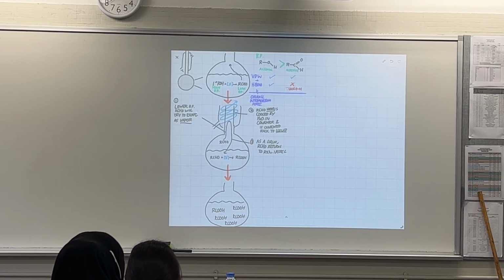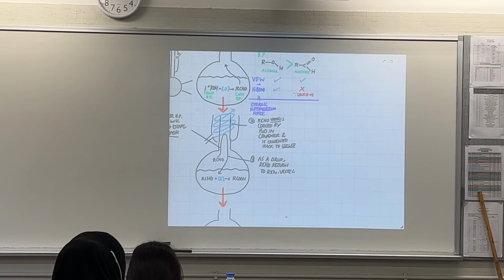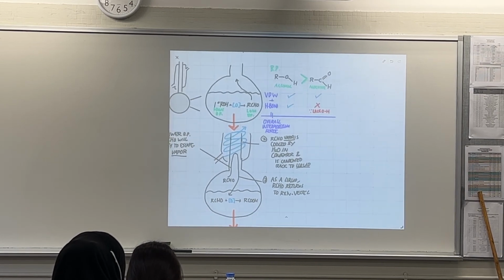Because both of these forces count towards the overall total intermolecular force, you can see that alcohol will have stronger IMF in total because it has both van der Waals and H bond. And aldehyde will have weaker intermolecular bonds in general.